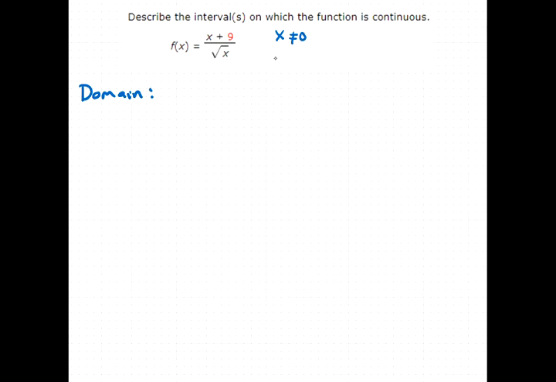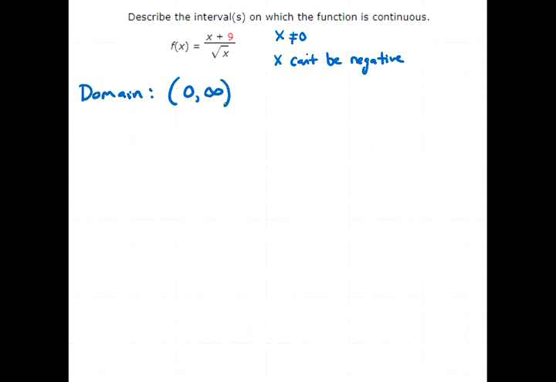And we also know x can't be negative, because you can't take the square root of a negative number. So x can't be negative, it can't be 0, but x could be any positive number. So the domain of this function is 0 to infinity.